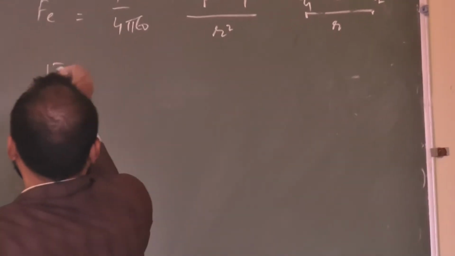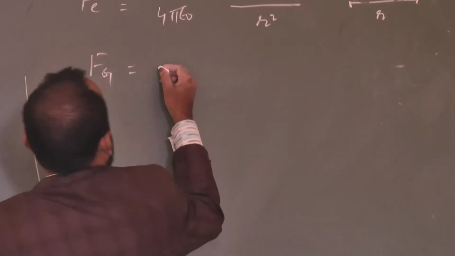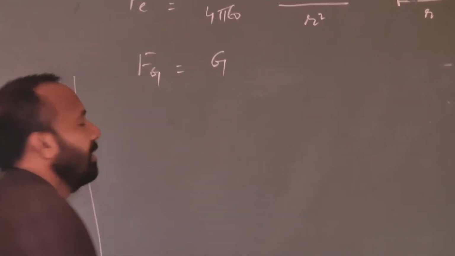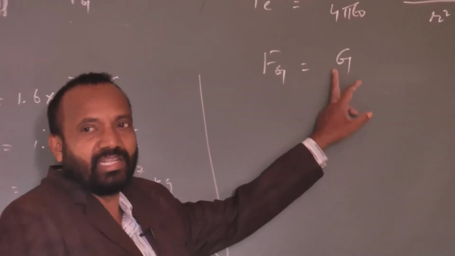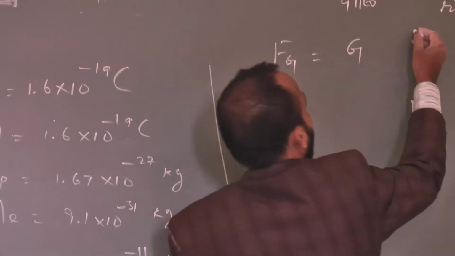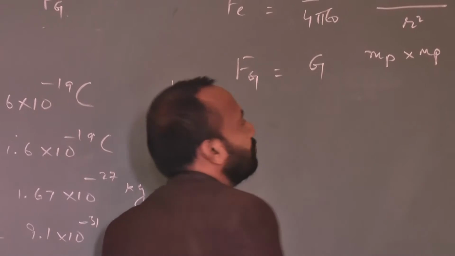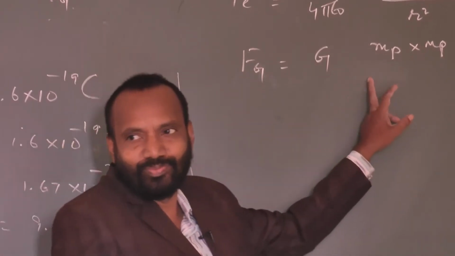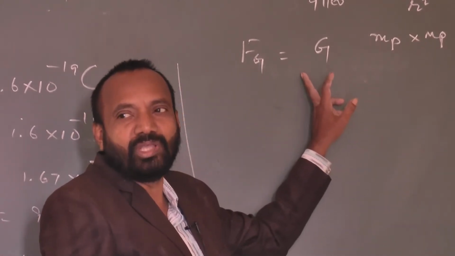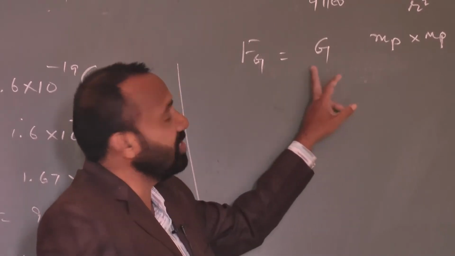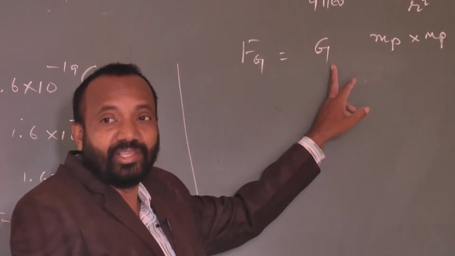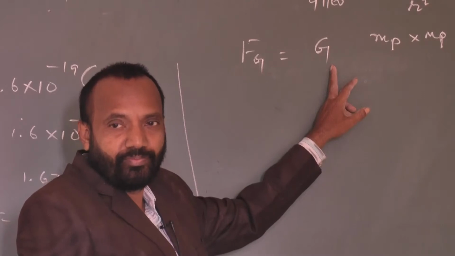Now the gravitational force is Fg, this is your capital G, the universal gravitational constant, and here mass of the proton into mass of the proton, M1 M2. The gravitational force formula is G M1 M2 by r square.